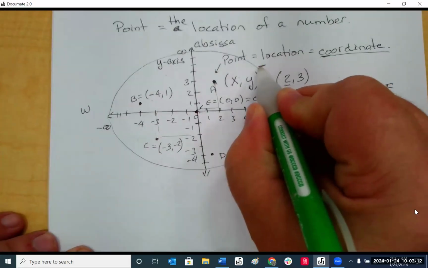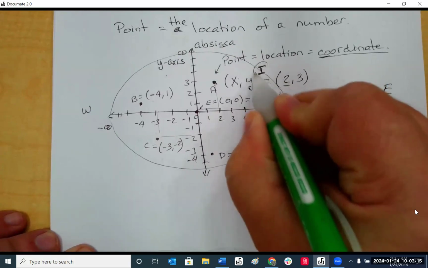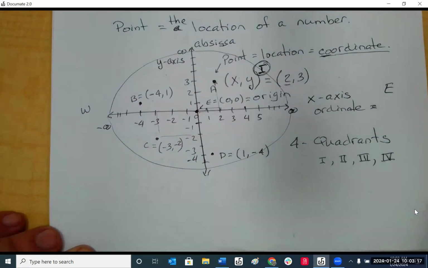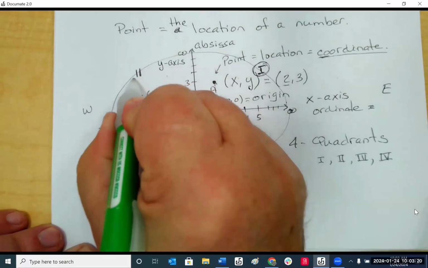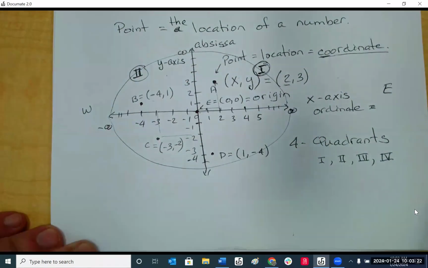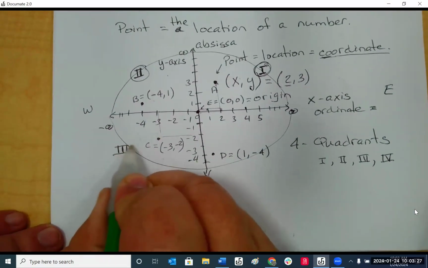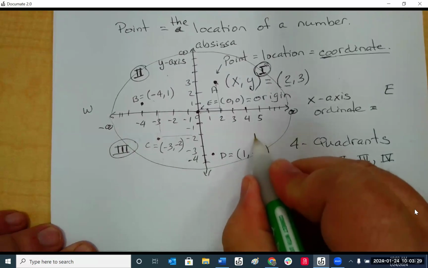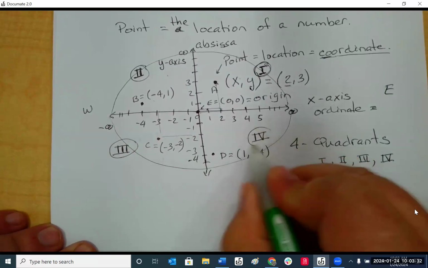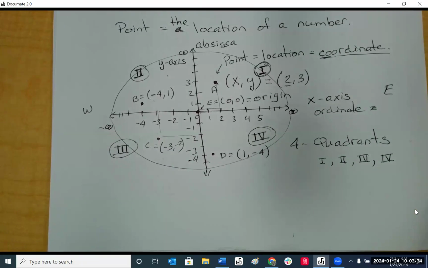So this is quadrant 1, quadrant 2, quadrant 3, and quadrant 4. So far, so good. And everything begins from this. All the formulas, all the equations we have in math begin with this stuff.